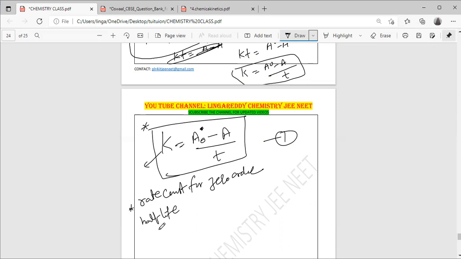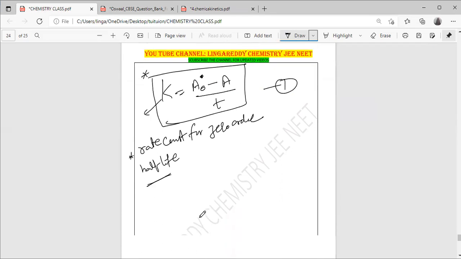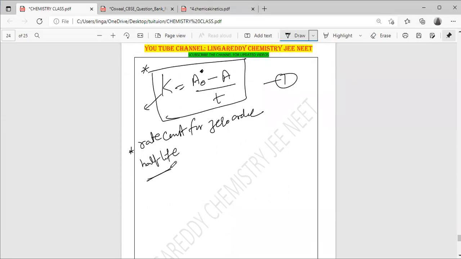Have you heard the word half-life? I think I saw it in the P block chapter, sir. You had told that time. Yes, radioactive elements have half-life time. Even if you take francium, hardly it will be around 2 hours. So what is half-life? If you take any one substance, suppose 1 gram, to become half gram, how much time is it taking?